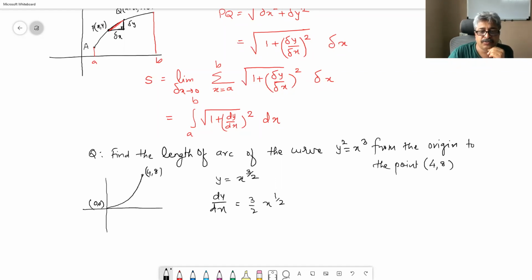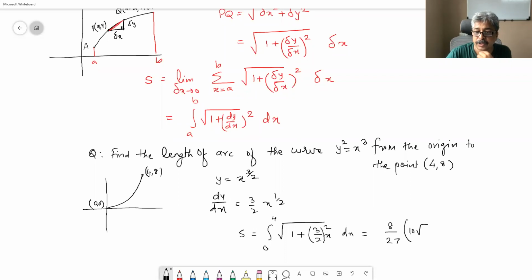And our arc length formula S is equal to the integral from 0 to 4 of radical 1 plus (3 by 2) square x dx. If you solve this, you get the answer 8 upon 27 times (10 root 10 minus 1).